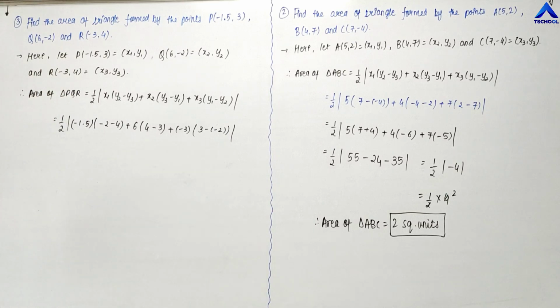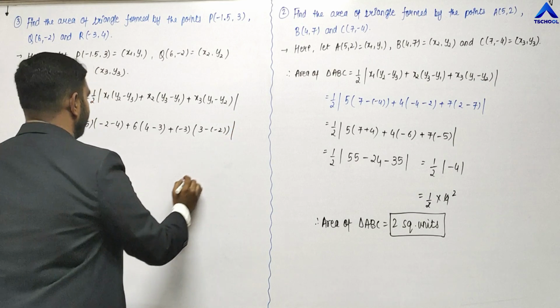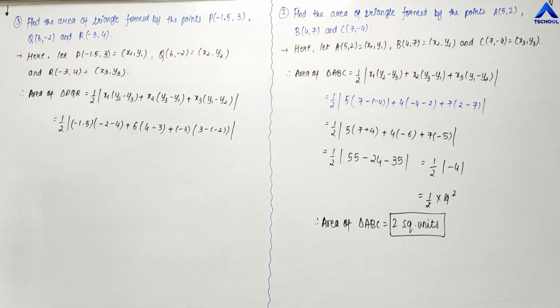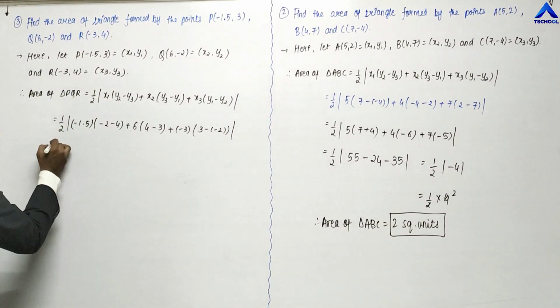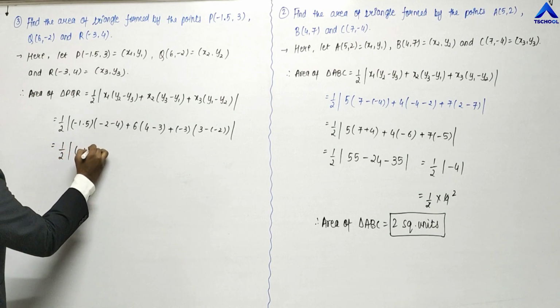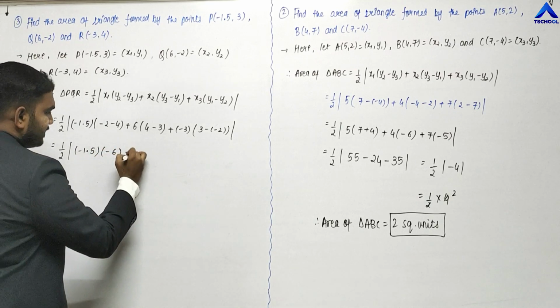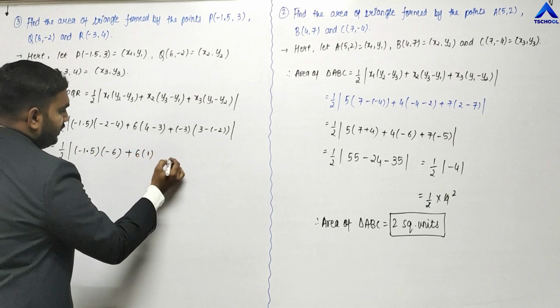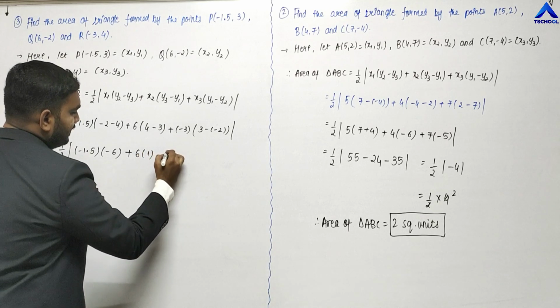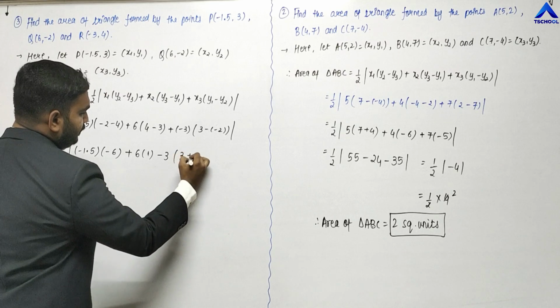So that is the formula and those are the values that we have put here. Okay, let us solve this. That is equal to 1 upon 2 modulus of minus 1.5 into minus 6, plus 6 into 1, plus minus 3 into 3 plus 2.